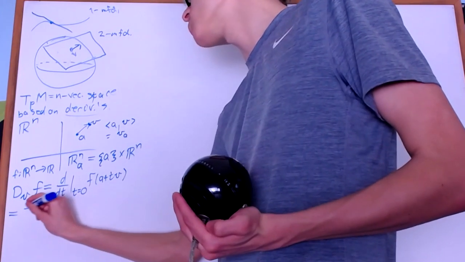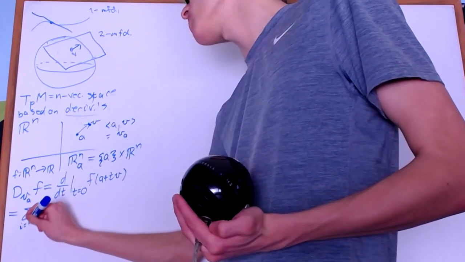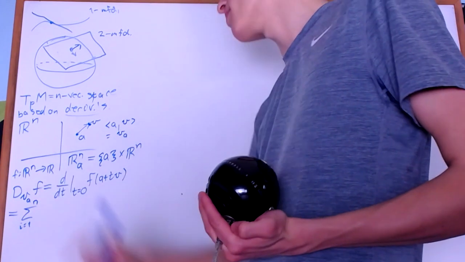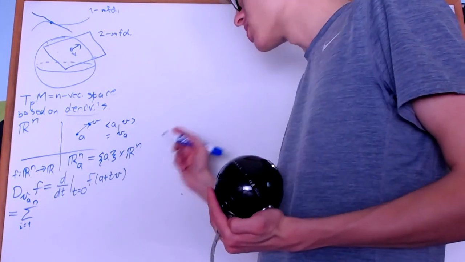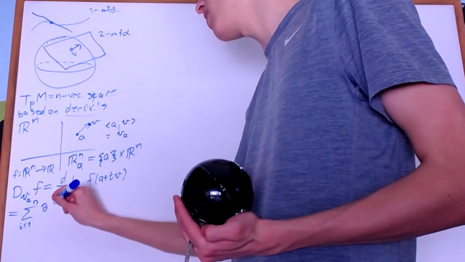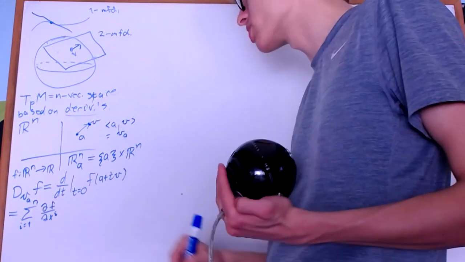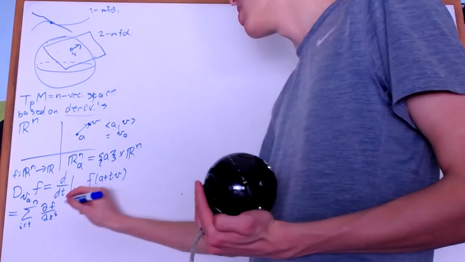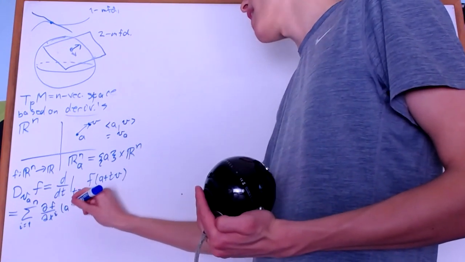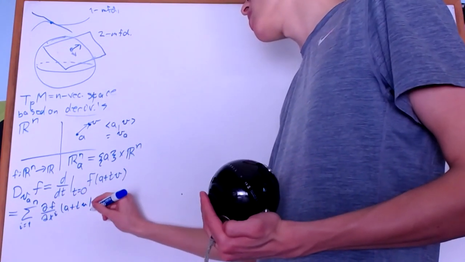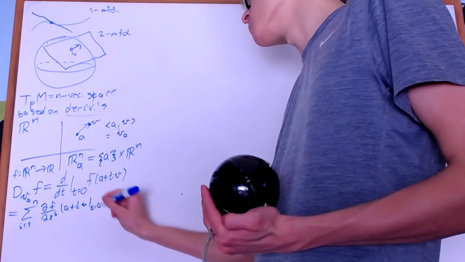This is going to be equal to the sum for i equals 1 to n, n being the dimension of R^n, of ∂f/∂x^i, the partial derivative of the outer function, applied to a + tv, and you evaluate this at t equals 0.